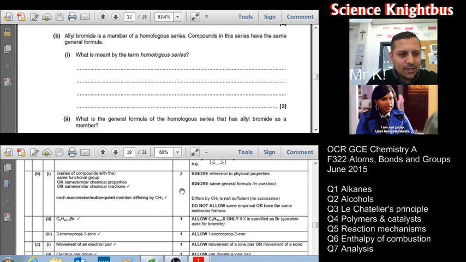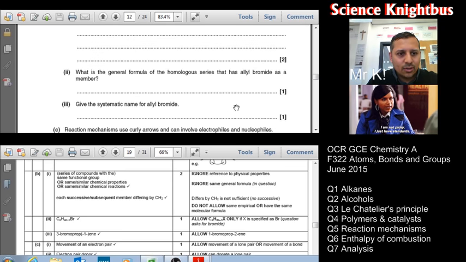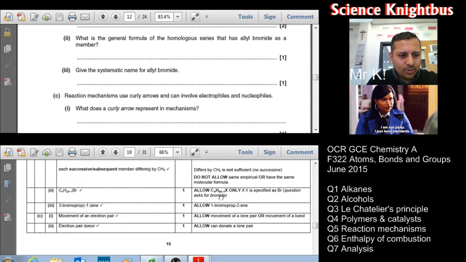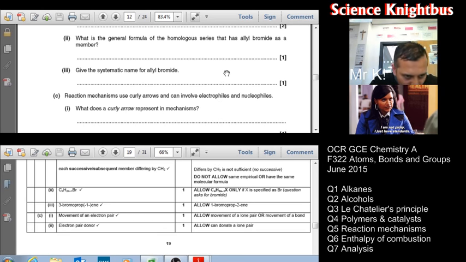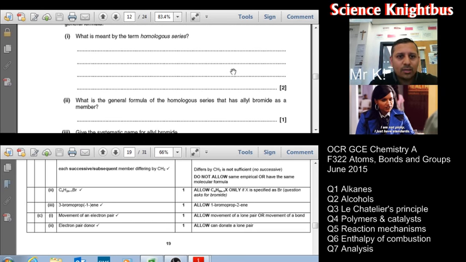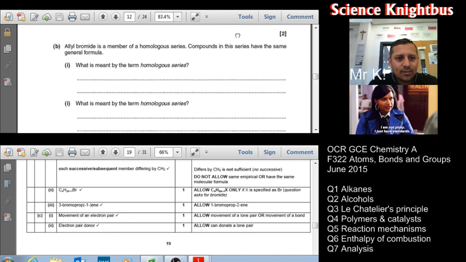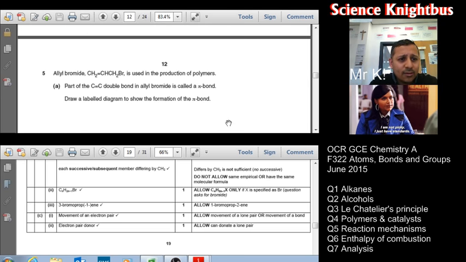Homologous series: same functional group, with each successive or subsequent member differing by CH2. That's in bold, each successive or subsequent member. The general formula would be CnH2n-1Br. So just have a quick look at that. Where is the question again?